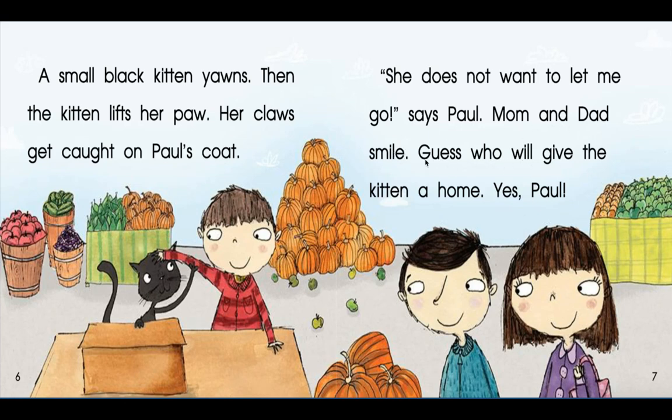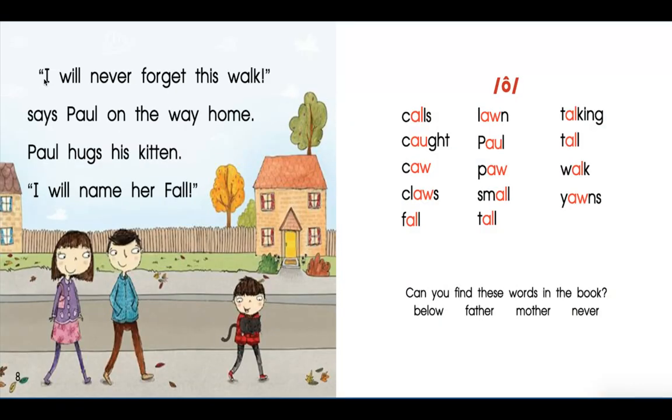Guess who will give the kitten a home? Yes, Paul. I will never forget this walk, says Paul on the way home. Paul hugs his kitten. I will name her Fall.